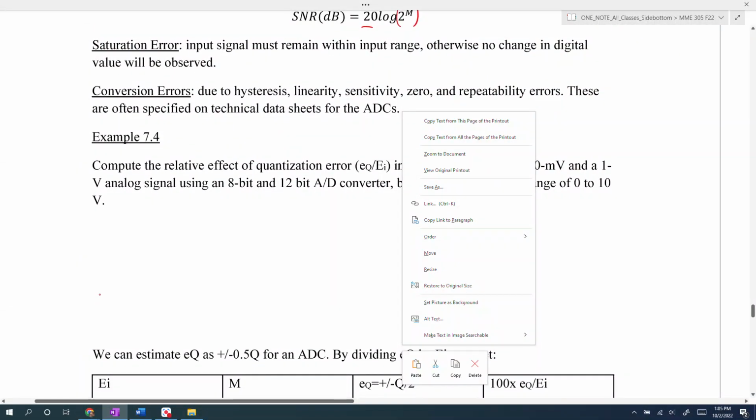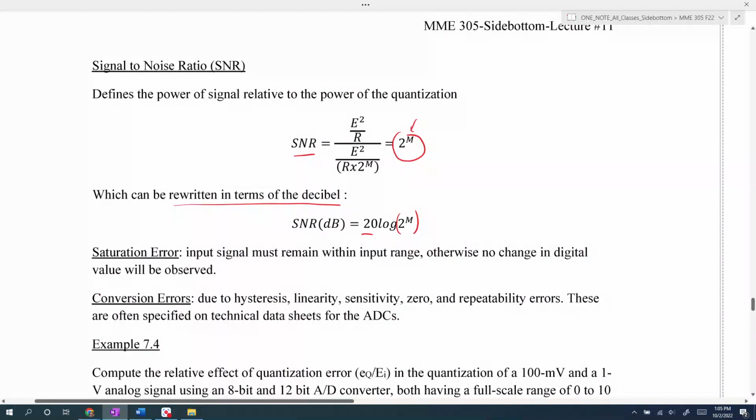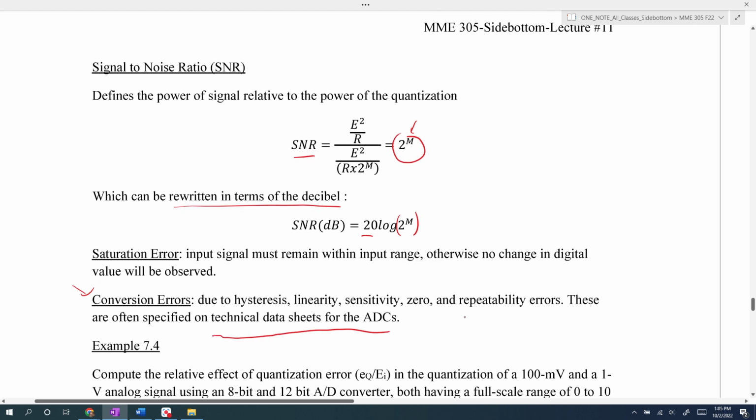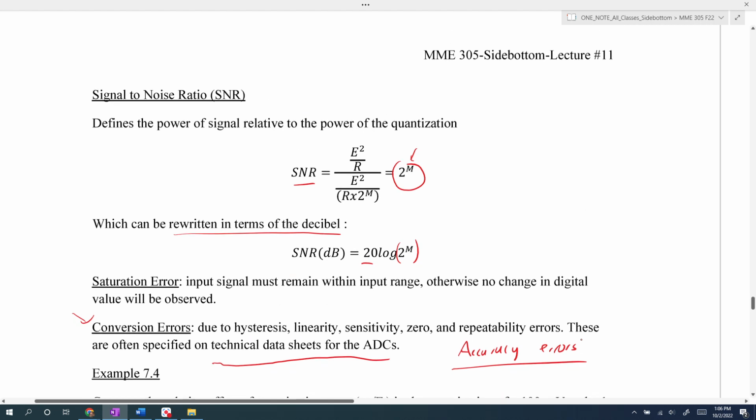Additional conversion error is due to hysteresis, linearity, sensitivity, and other errors that exist within the devices or the sensors plugged in. These conversion errors are typically specified on a technical data sheet, sometimes referred to as accuracy errors. There are some errors associated with it, but typically analog to digital conversion is pretty good.